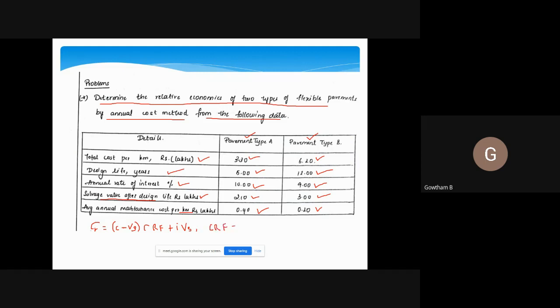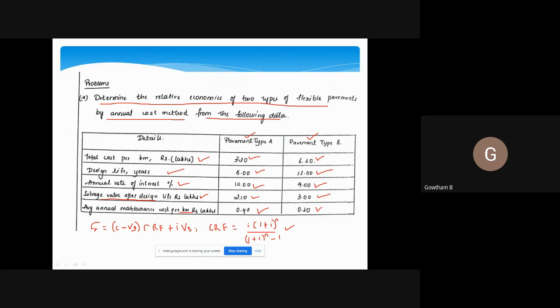CRF is equal to I into (1 plus I) to the power of n, divided by (1 plus I) to the power of n minus 1.